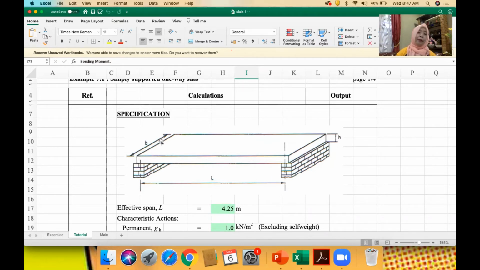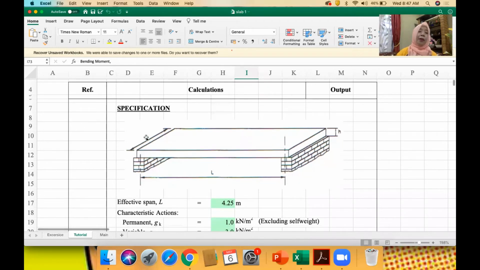We don't need the value of B, because the design of the slab is actually for 1 meter width. The parameter that we want is L effective, which is given as 4.25.